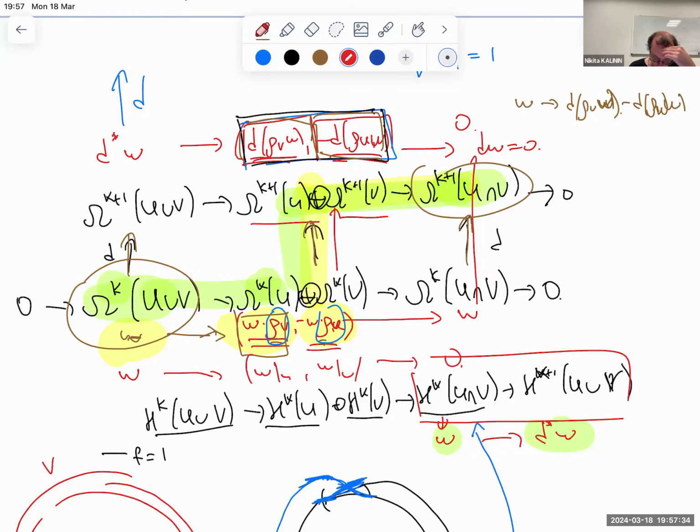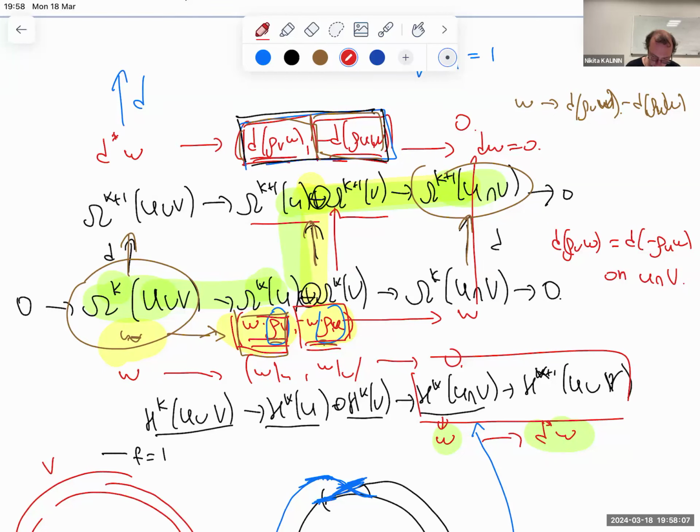It will be 0. But instead you multiply it by rho V or rho U, and then take the differential. The claim is that the differential of rho V omega is equal to the differential of minus rho U omega on the intersection. That will be the image.